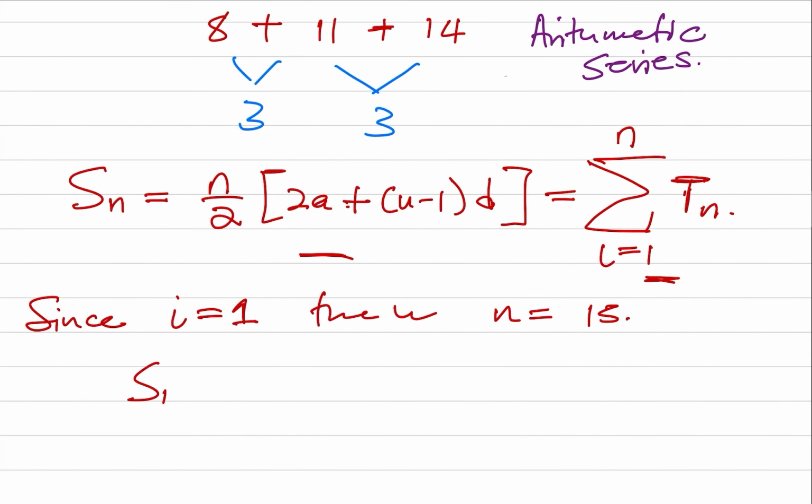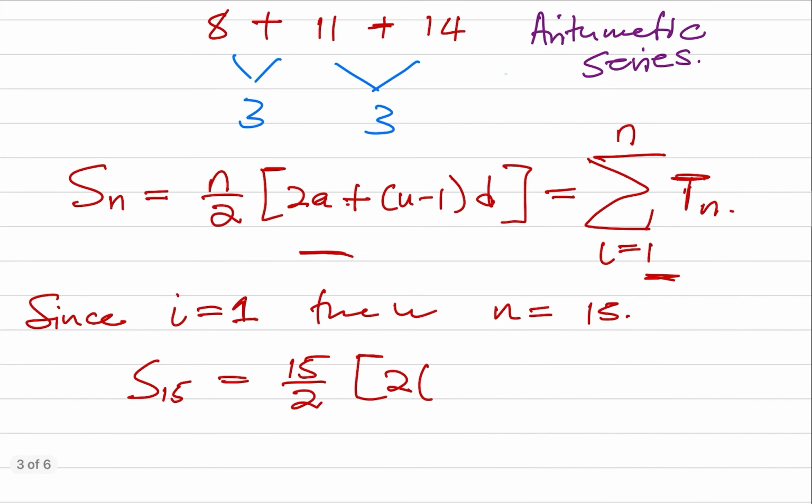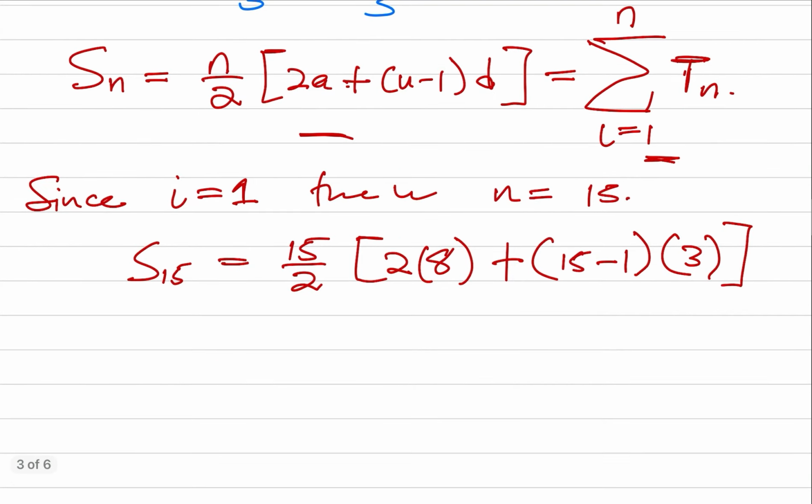So the sum of 15 terms is equivalent to 15 over 2 into 2 times a, what is a? The first term a is just 8, plus 15 minus 1 times the difference of 3 there.